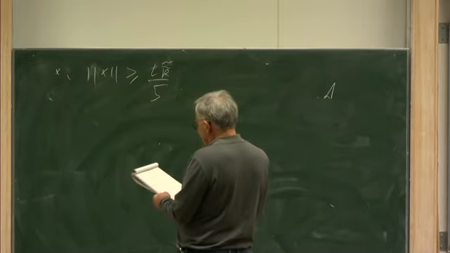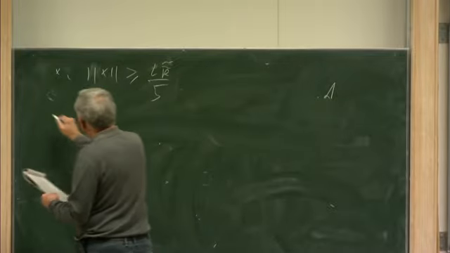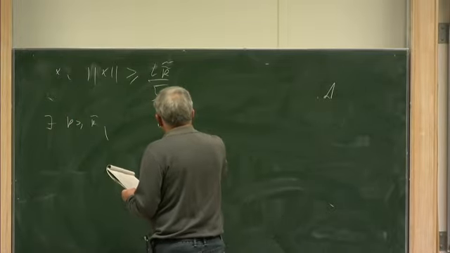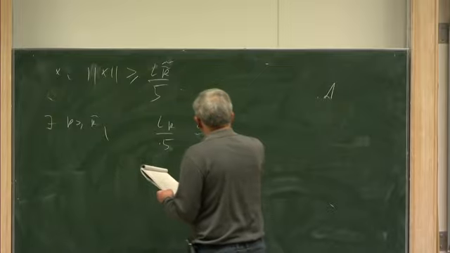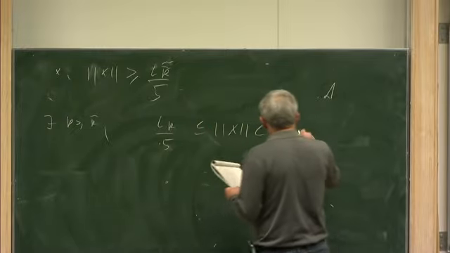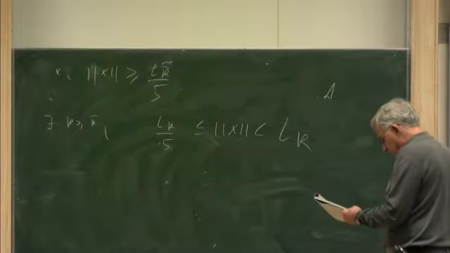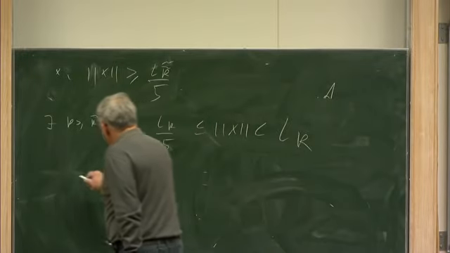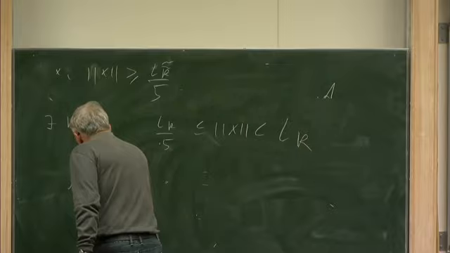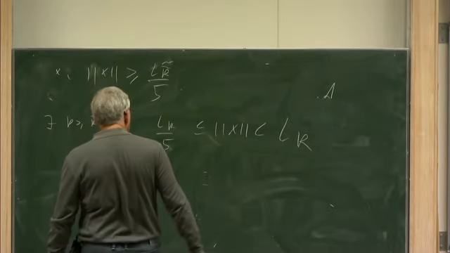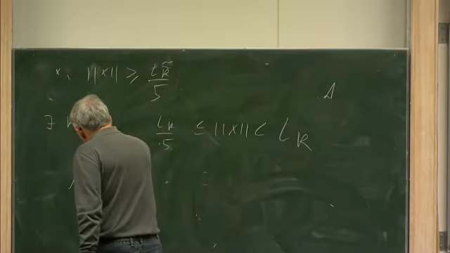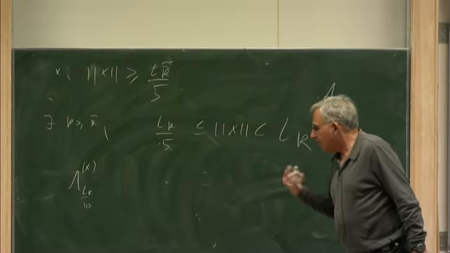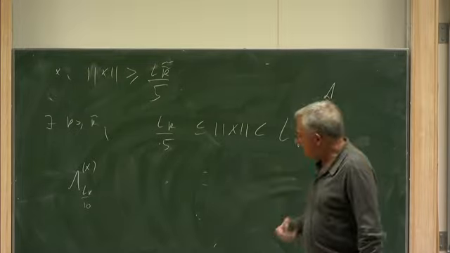And then, if this is true, there exists k bigger or equal than k tilde, so L_k over 5 is less than or equal to |x| is less than L_k. I then take the corresponding box of size L_k over 10 for the point x, so that x is at distance L_k over 10 divided by 10 from the boundary.